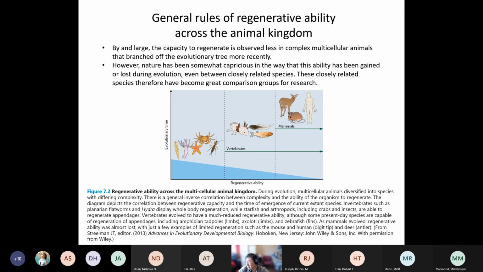For example, a flatworm, that particular flatworm called planaria, has the total power of regeneration, but some species that are really closely related to it don't have the same degree of regeneration.